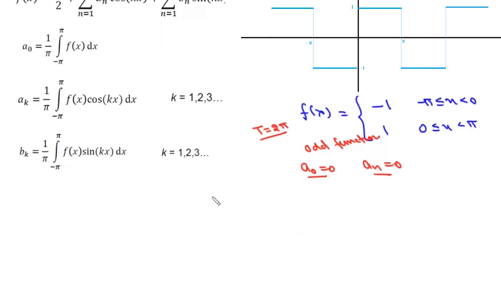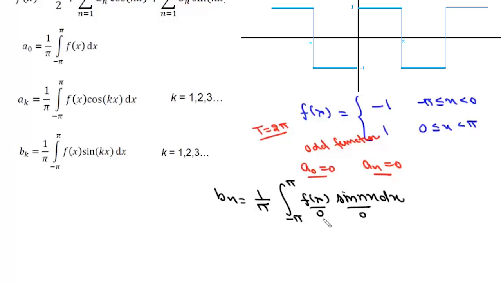So for this function, we just have to determine bn, and we let this bn as 1 upon pi, and then this integral from minus pi to plus pi, f(x) into sine nx dx. Now f(x) is odd, sine nx is odd, so odd into odd is an even function, and we know that this integral from minus a to a, f(x) dx, if f(x) is even, it will be given by 2 times 0 to a, f(x) dx.